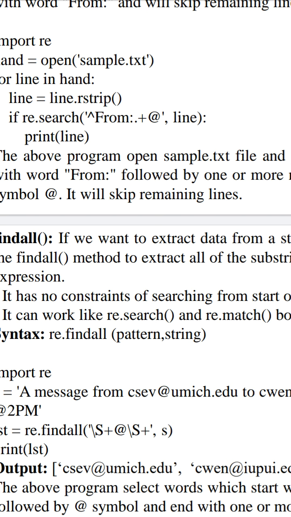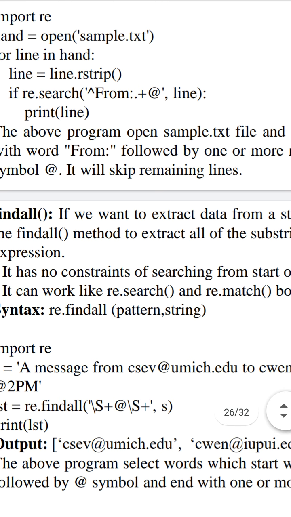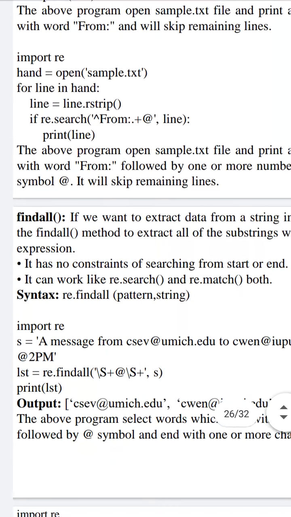After that it should have the @ symbol. It will extract only such lines. Or in another way we can say that it will print all the lines which start with the word from: followed by one or more characters, then the @ symbol, and it will skip all the remaining lines.